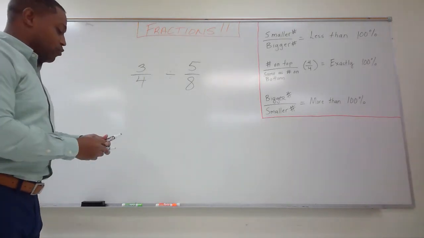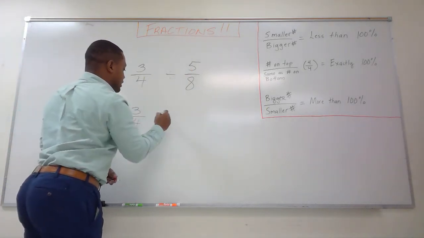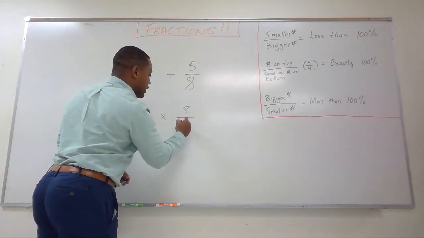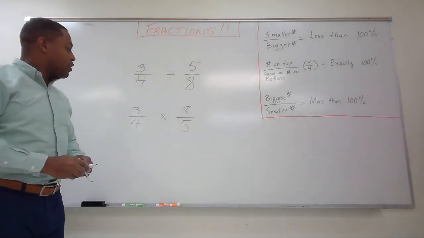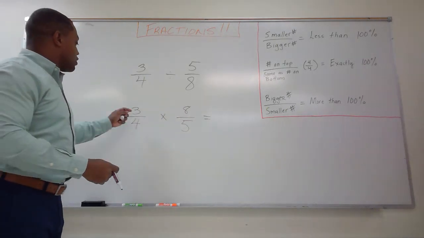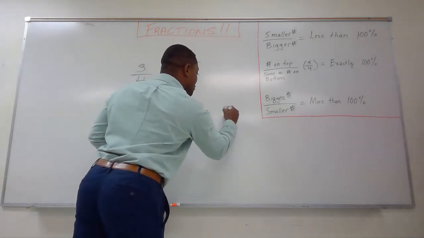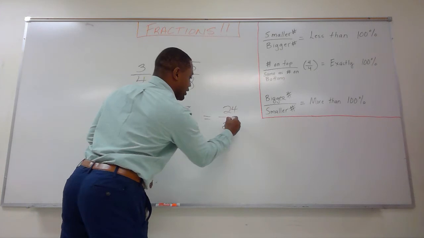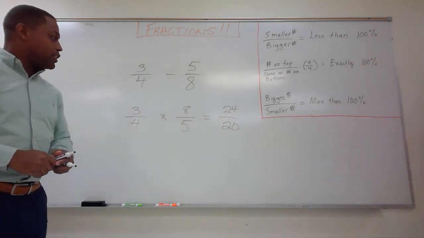Now that's a mouthful, but all that means is I'm going to take this second fraction and turn it upside down. I'm going to multiply, and then I'll be finished. Again, we do not need like denominators, so 3 times 8 will give us 24, and then 4 times 5 is 20. And there you have it, divided fractions.